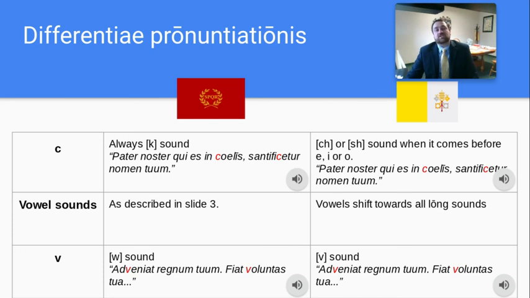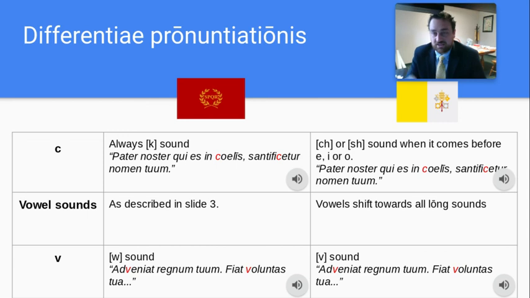Okay, so there were some pronunciation differences between these two sentences, besides the V, and there were some vowel differences. For example, this O does not have a macron on it, so it'd be like as in cop. Voluntas tua. But in ecclesiastical pronunciation, I want you to imagine every vowel has a macron on it.